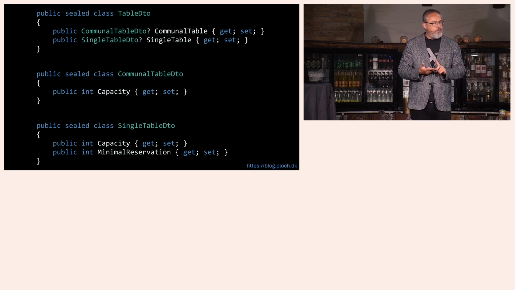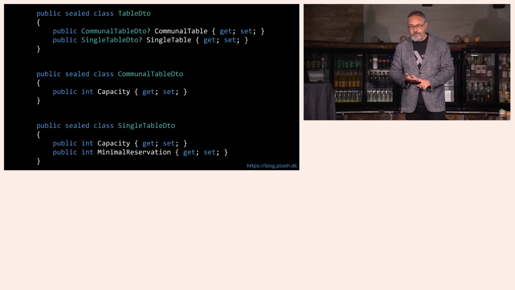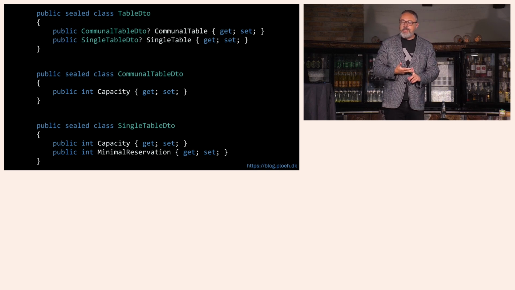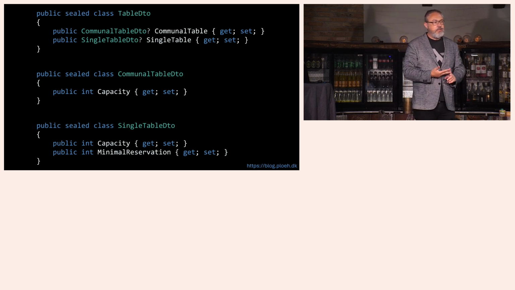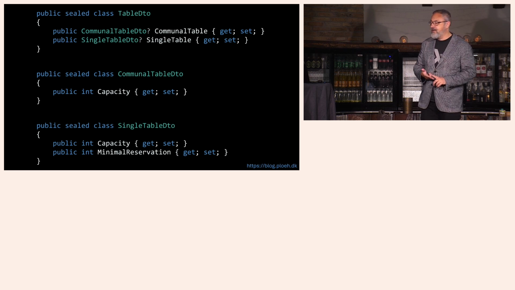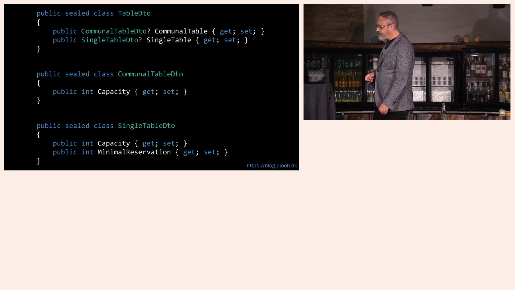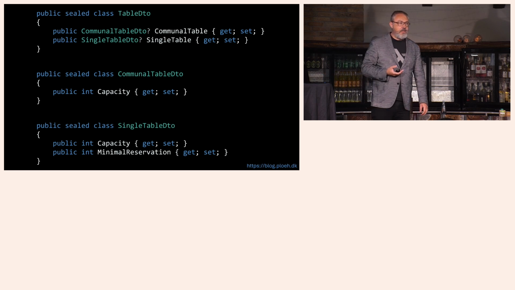It is never both at the same time, but it is one of those two things and nothing else. Also implied here, we are modeling something in the real world, and numbers in the real world tend to be natural numbers. So even though I've declared capacity and minimal reservation as integers, we can't really accept negative numbers here. So that's also something that we might look at.